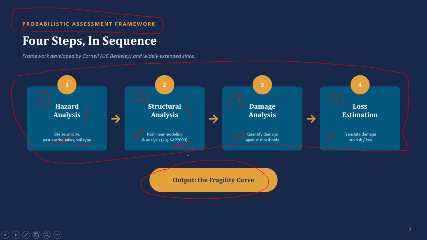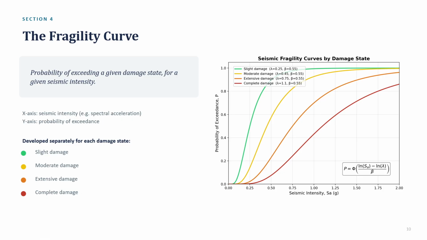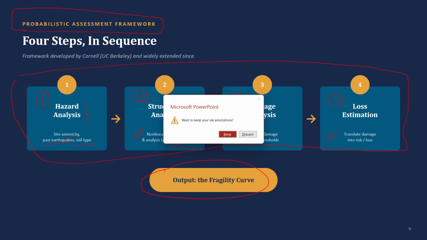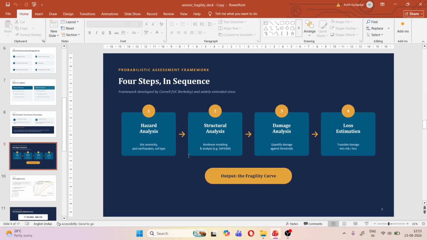In our next video we'll see what the fragility curve is, what the formula is, and how to make these fragility curves. Then we will discuss in detail the structural analysis, that is nonlinear modeling. All these points will be covered in our next video.